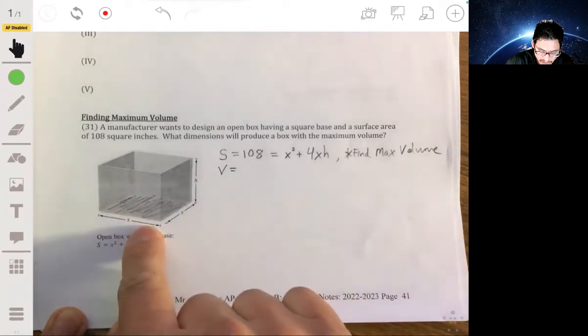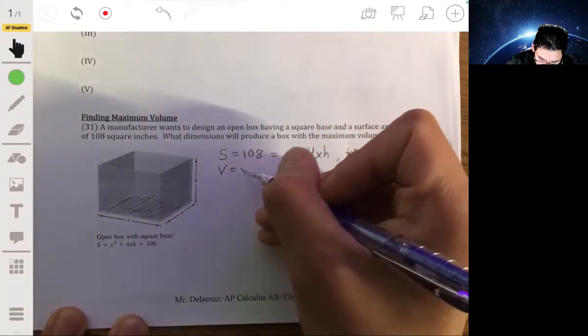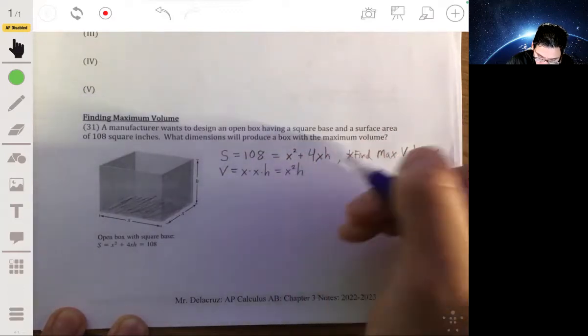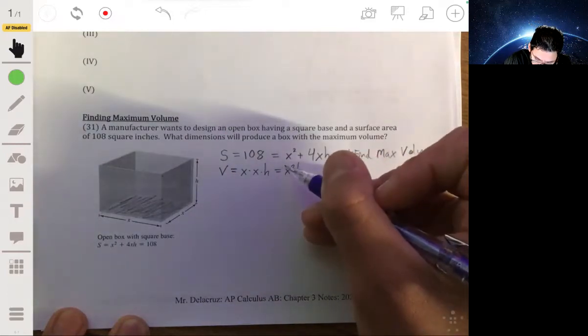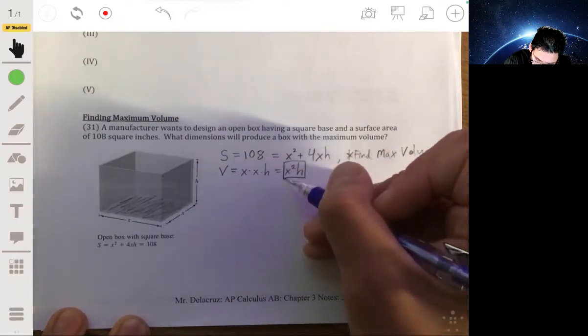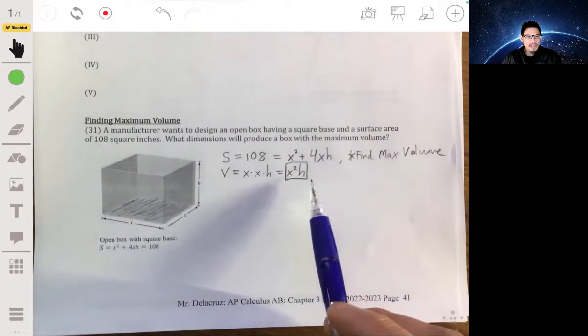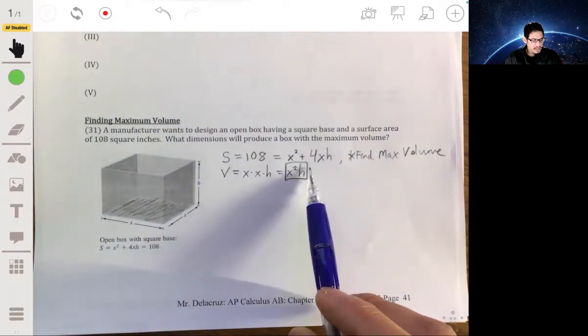It'll just be x times x times h, or x squared times h. Okay, so this is basically our primary equation.